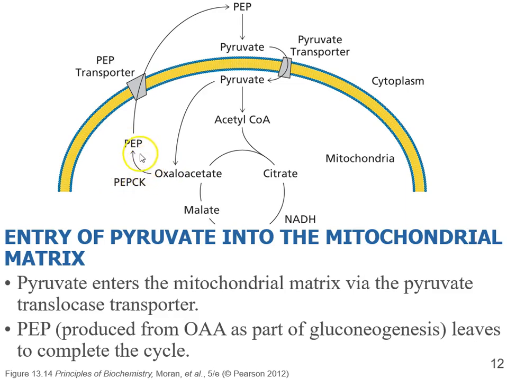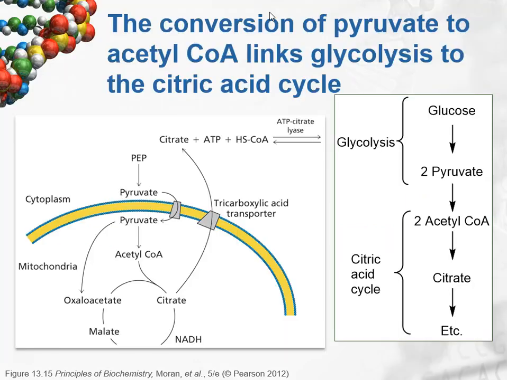That's the PEPCK reaction, and then the phosphoenolpyruvate goes back into the cytosol. So that's the transport system that exists to carry pyruvate that's generated in glycolysis into the mitochondrial matrix. That's called the pyruvate translocase transporter.